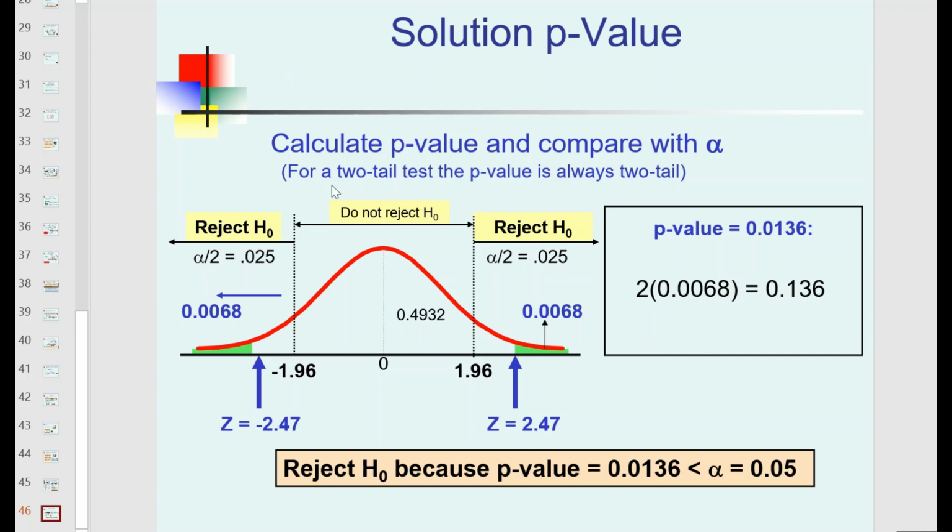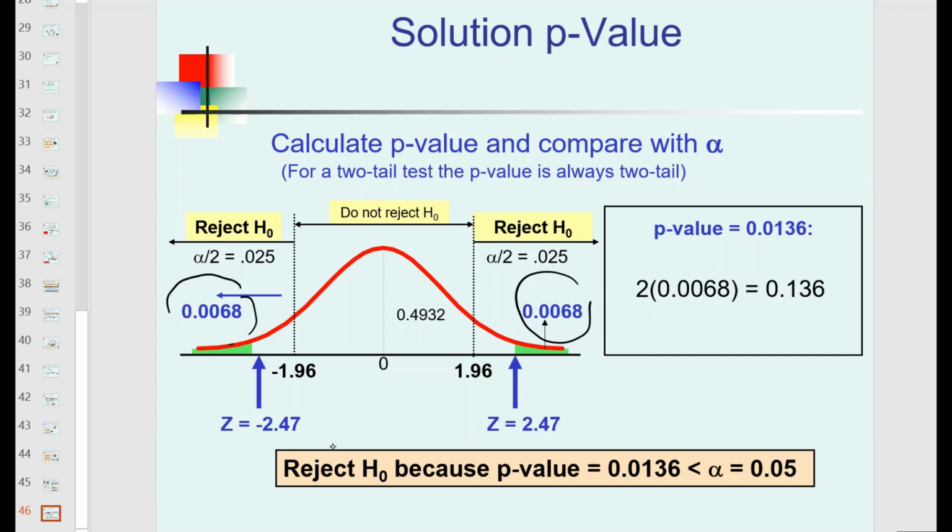Okay, sorry. For calculating the p-value here, we take the one that you calculated just now, not negative 1.96, sorry, it's from your Z calculated, which is negative 2.47, right? So you read from your table negative 2.4, and you read along the row to negative 2.47, and you'll be getting 0.0068 on your left tail, and on your right tail, of course, the same thing.